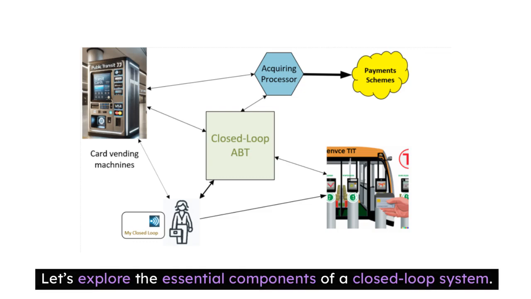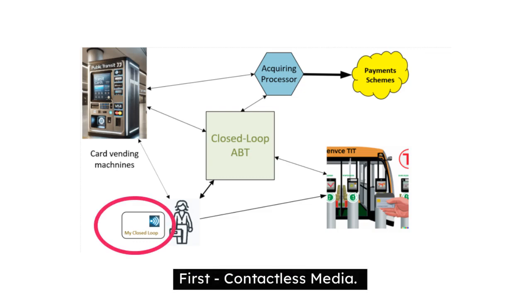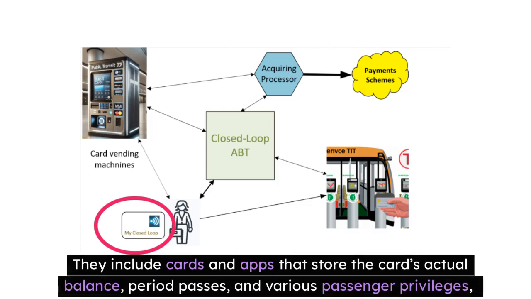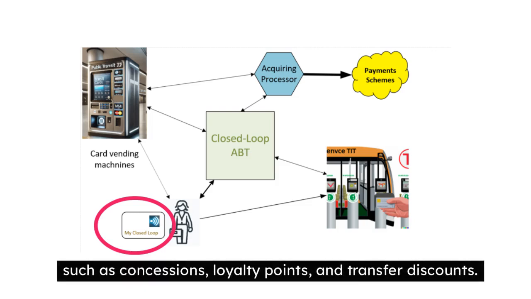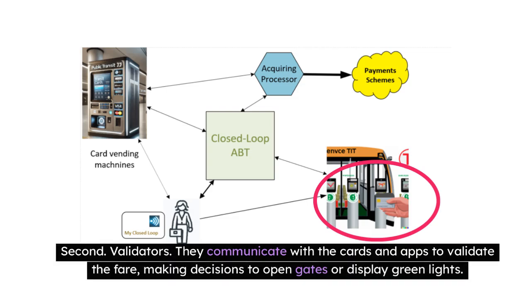Let's explore the essential components of a closed-loop system. First, contactless media. They include cards and apps that store the card's actual balance, period passes, and various passenger privileges, such as concessions, loyalty points, and transfer discounts. Second, validators.